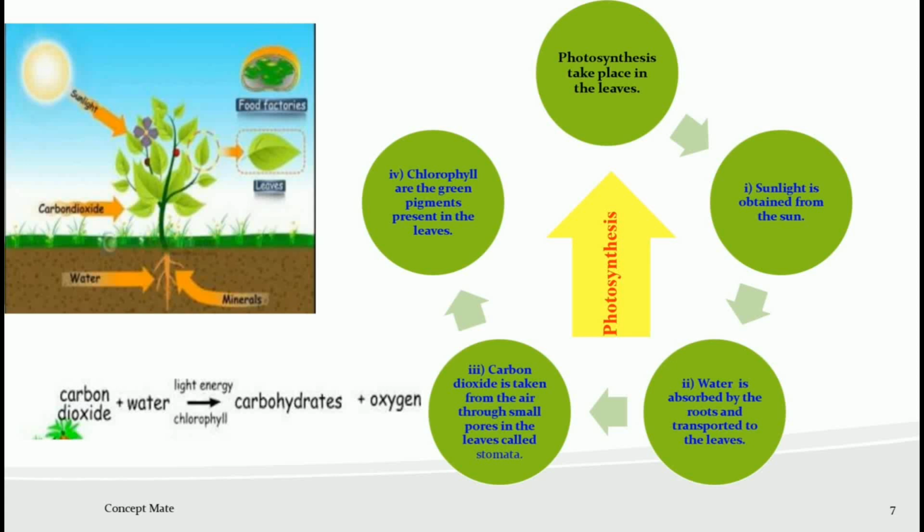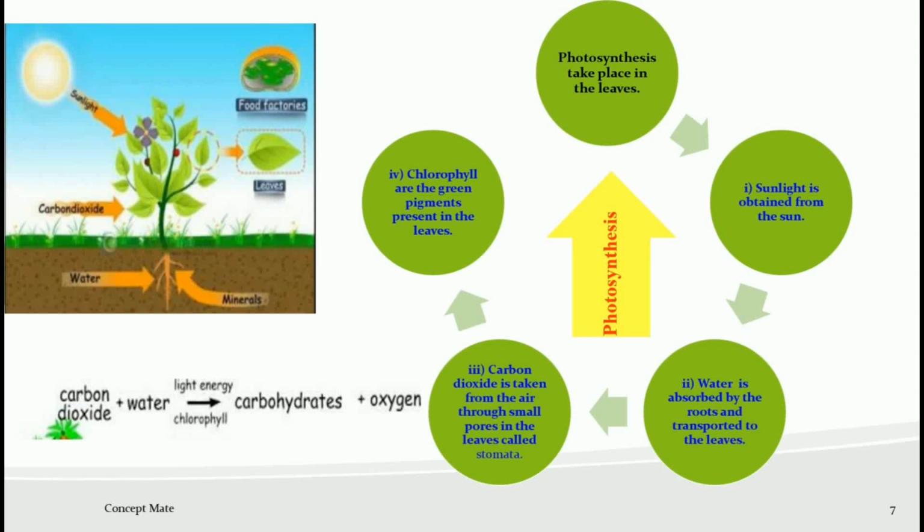Using all these raw materials, food is made in the leaves and then transported to various parts of the plant for use. The whole process of photosynthesis is represented by an equation down below here in the slide. Carbon dioxide plus water in the presence of sunlight and chlorophyll gives carbohydrate plus oxygen.